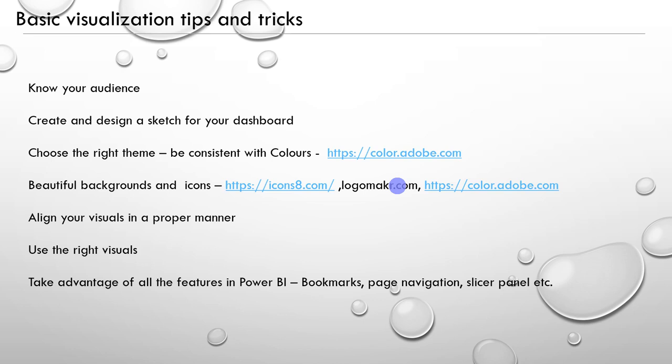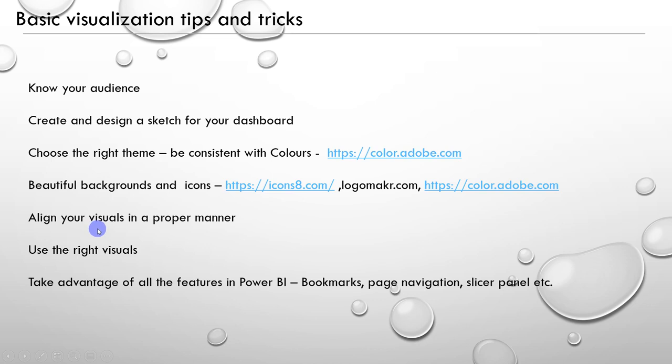There's a whole lot of places where you can get icons. I think Logo Maker and Remix are completely free. With Icons8, if you want to download high resolution files, you might have to pay something. So I mostly use Logo Maker and Remix Icons. Adobe.com is for colors, and we are also going to use this color to color these icons just to be consistent.